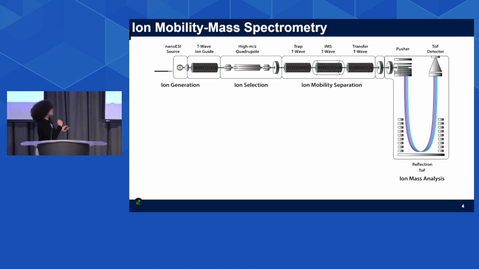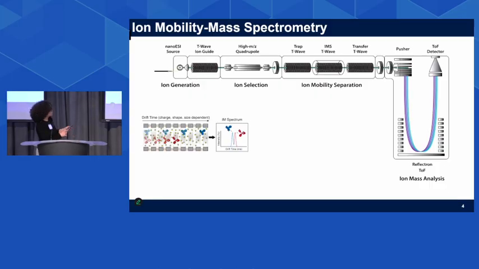Then these ions are separated in the ion mobility separator. This region is filled with a neutral gas, and we have our charged particle in the presence of an electric field.